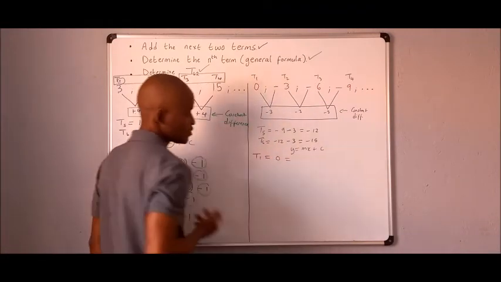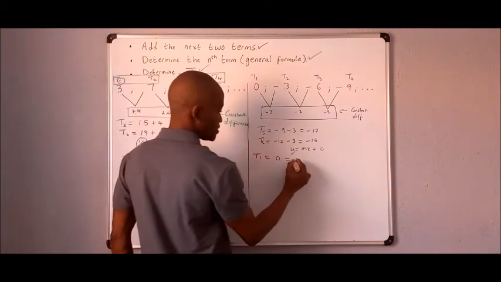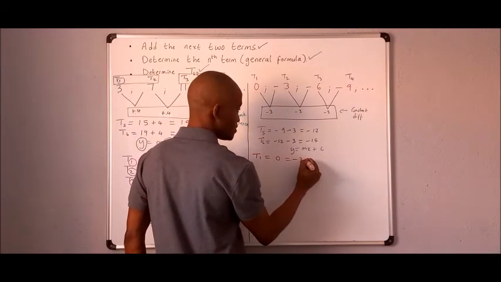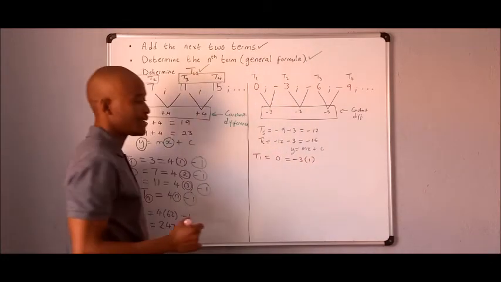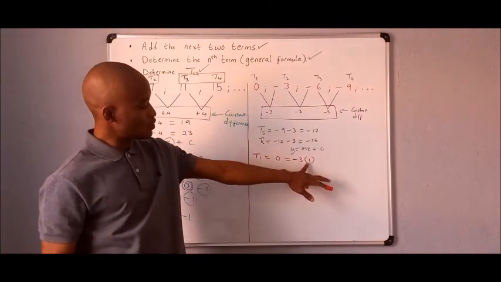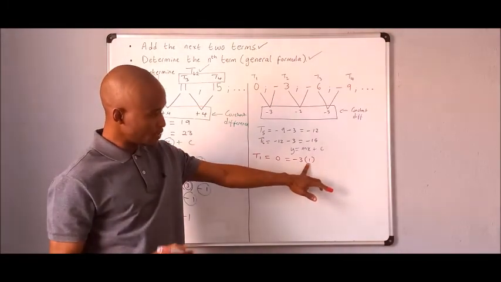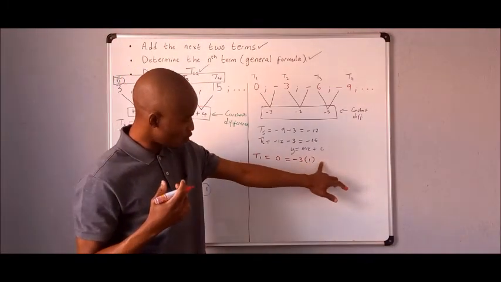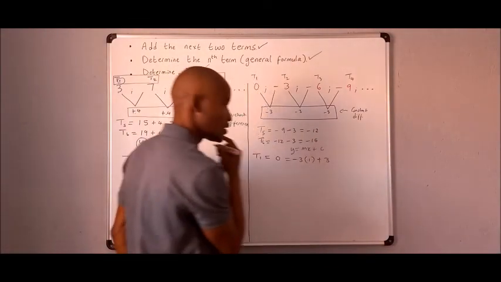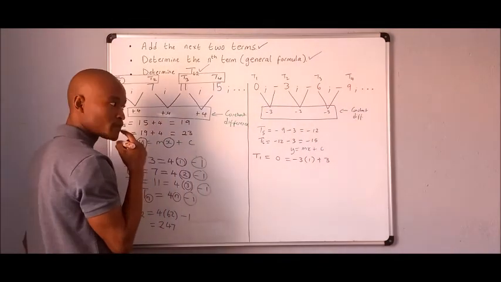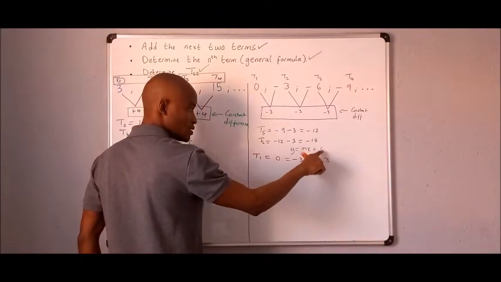Using this equation, we know that we have negative 3 as our gradient and we are at position 1. Negative 3 times 1 is negative 3. Negative 3 plus what will give you 0? Negative 3 plus 3 will give you 0. That is your c, yes?